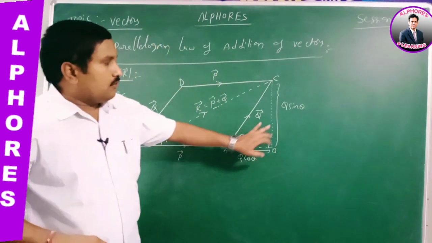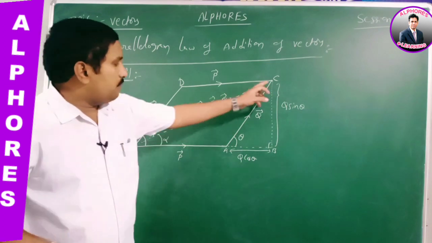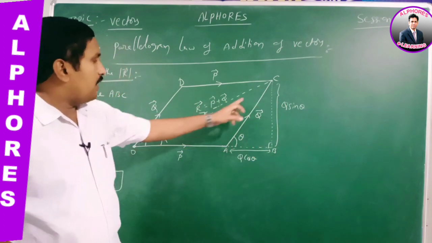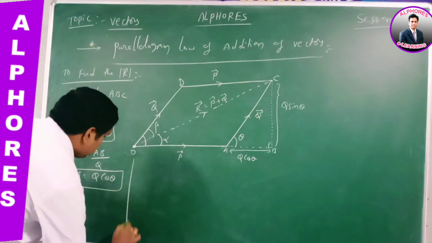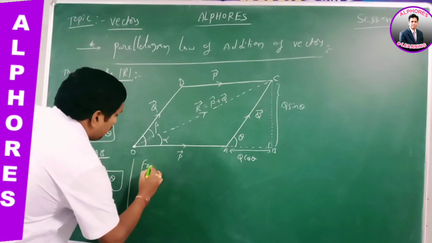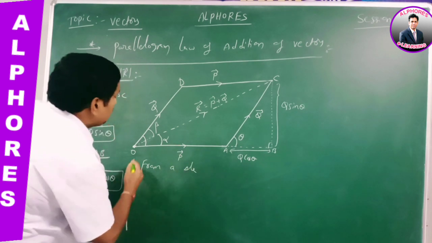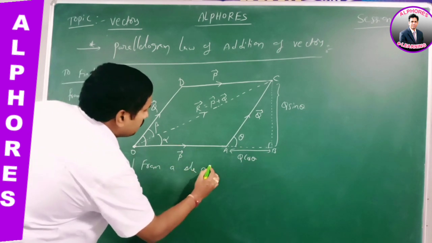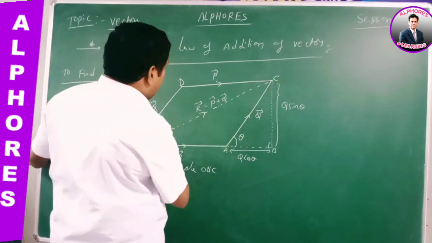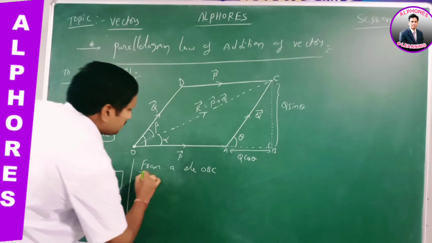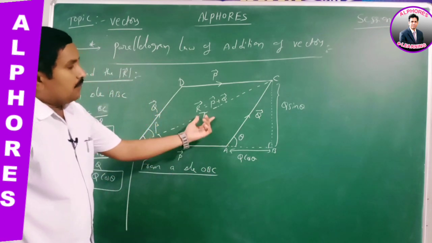After getting these two values, I have to go with the big right angle triangle in order to find the value of OC. Now from triangle OBC, the big right angle triangle I am taking, what is the Pythagoras theorem?